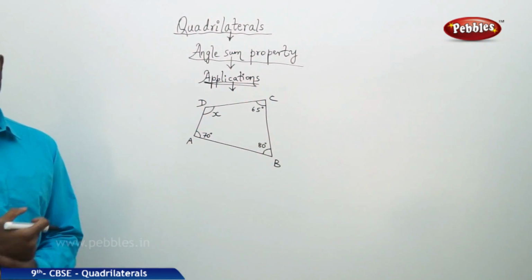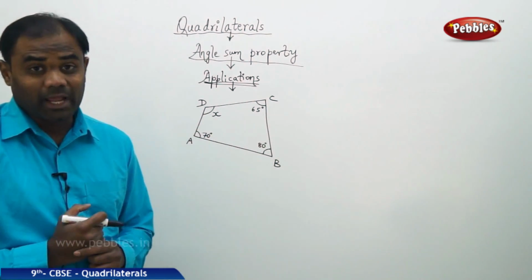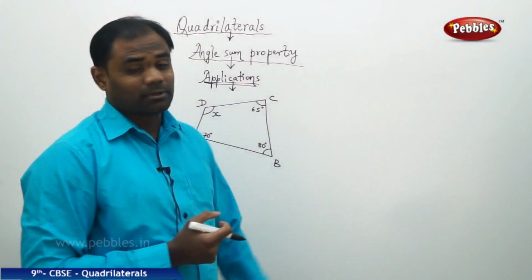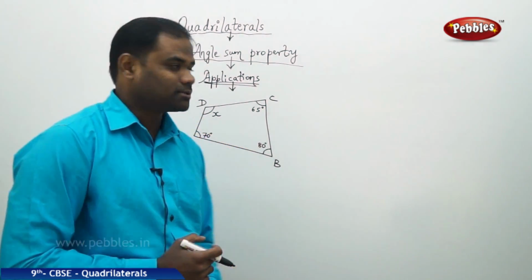This is X. So I know three of the angles, but I want to find the fourth angle. Then my angle sum property is more significant in such situations.